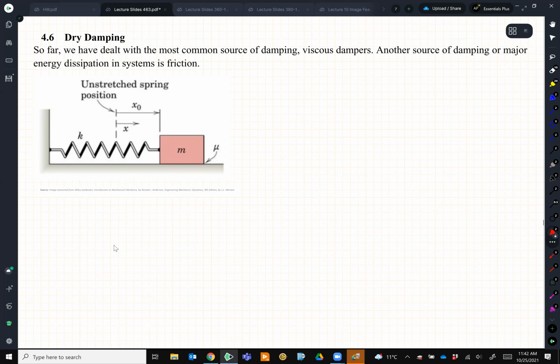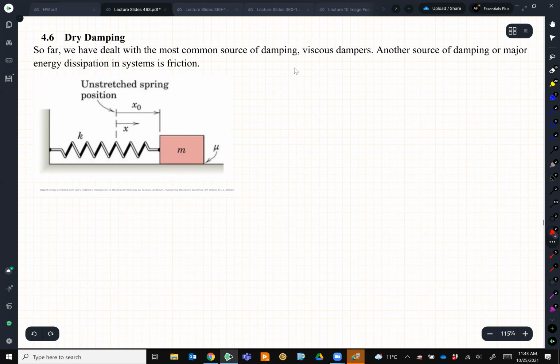Those are viscous dampers. They have oil inside and they have these coefficients C. The other two dampings: one is air resistance, because air resistance acts as damping. And another one is friction. Those may be unwanted, but they are there and they reduce vibration because they waste energy.